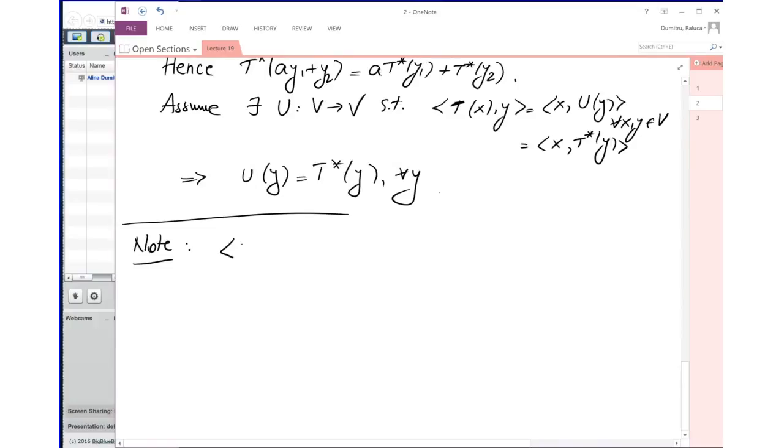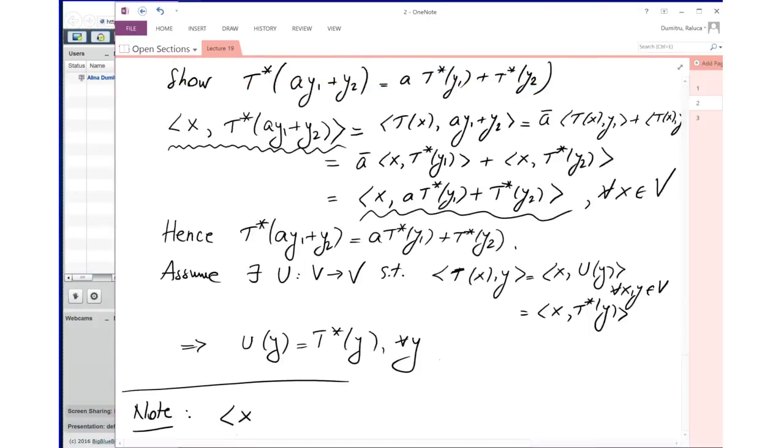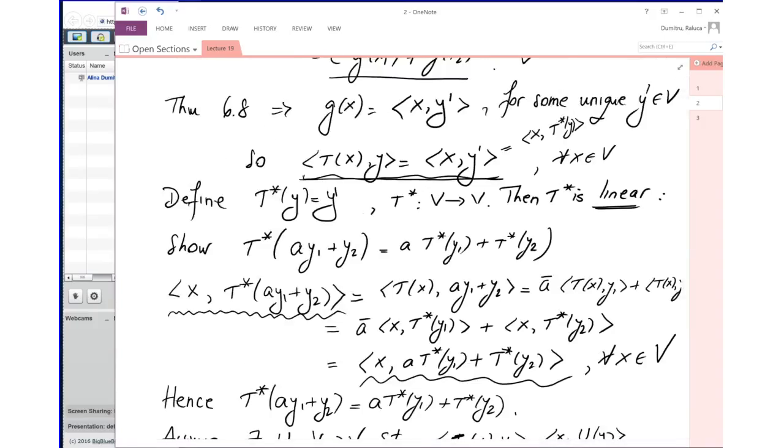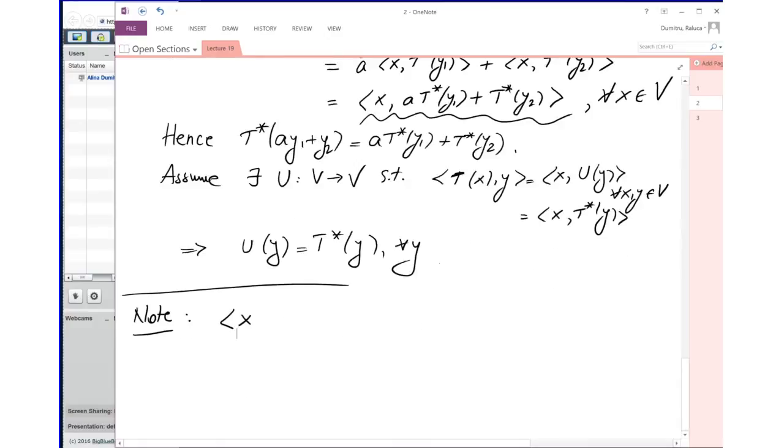So I want to do, so we had T of x comma y is x, T of x comma T star of y. So now I'm going to do this. And I want to move T with a star in the first argument.